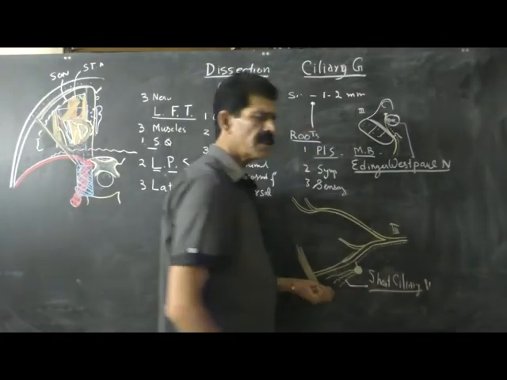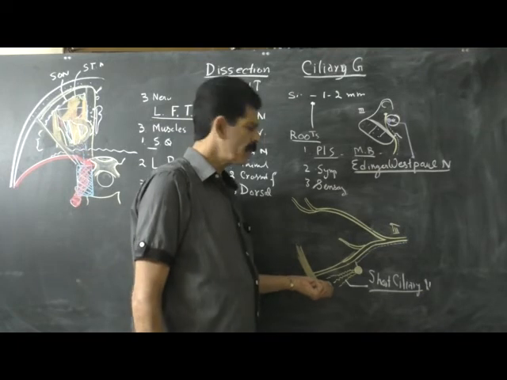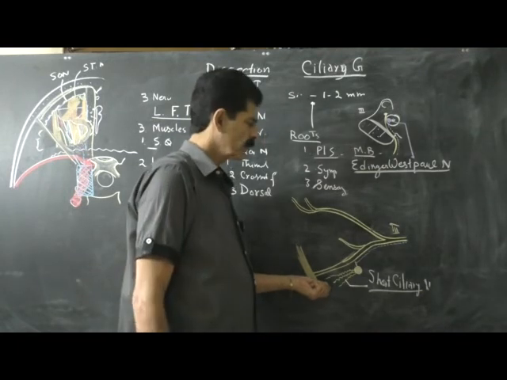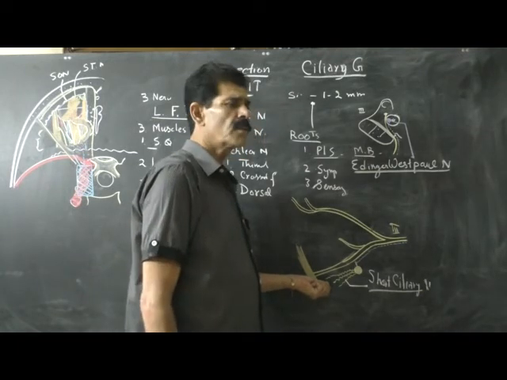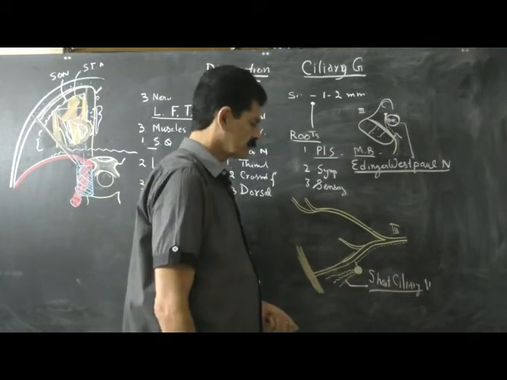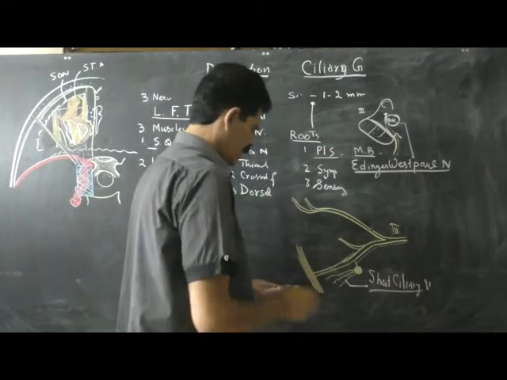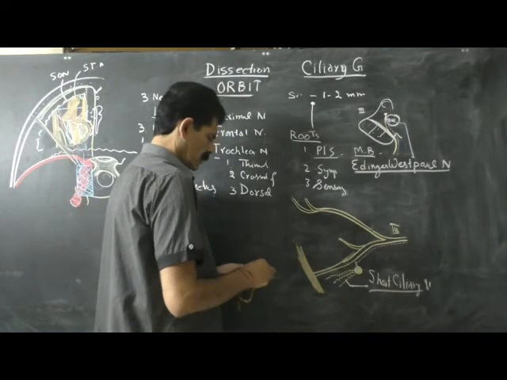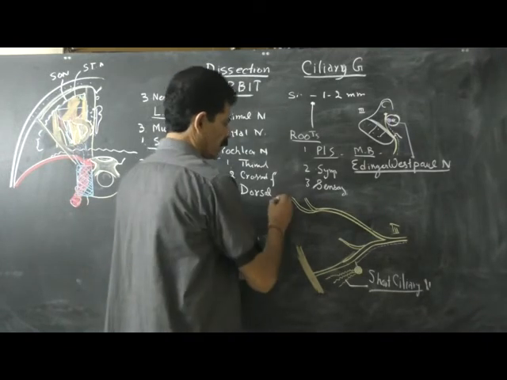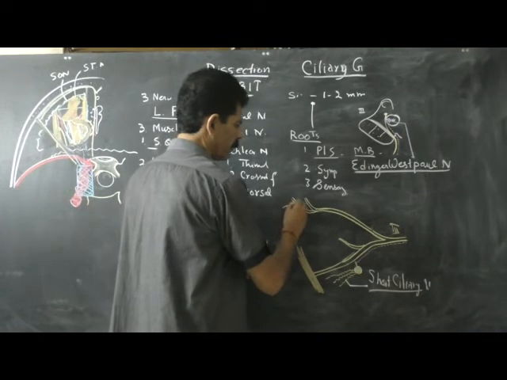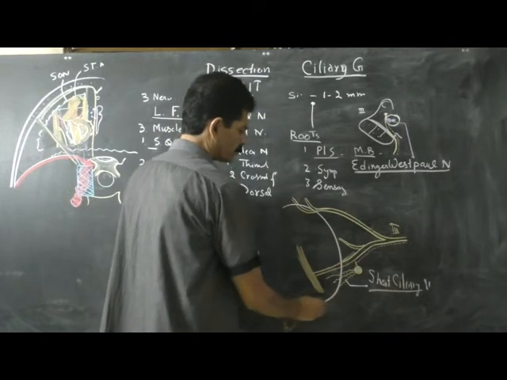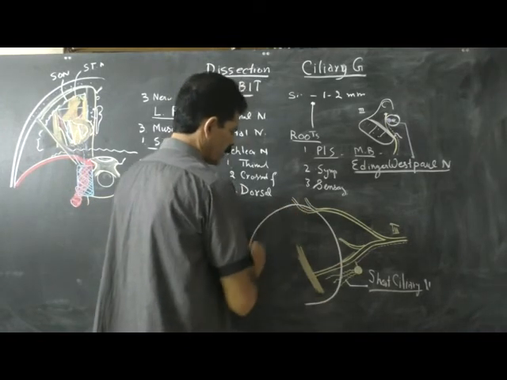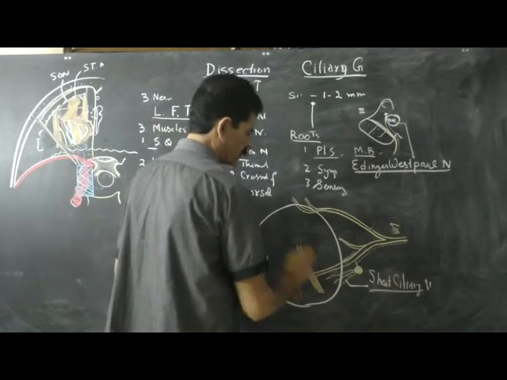So these short ciliary nerves contain postganglionic parasympathetic fibers meant to supply the smooth muscles in the eyeball. And these short ciliary nerves pierce the sclera of the eyeball.